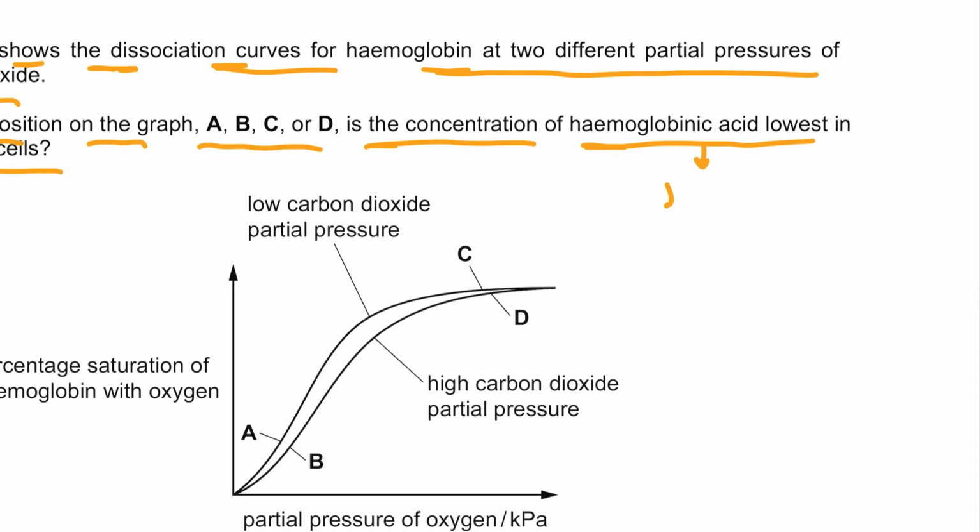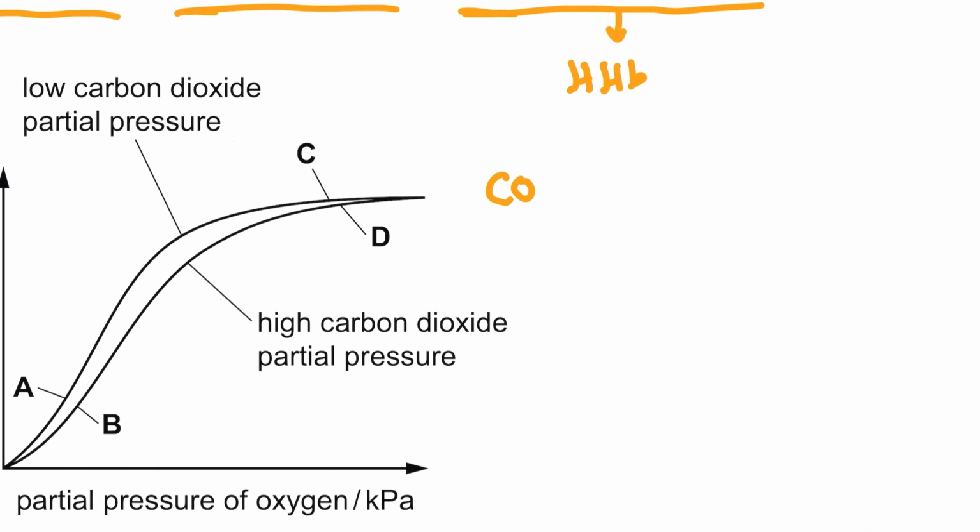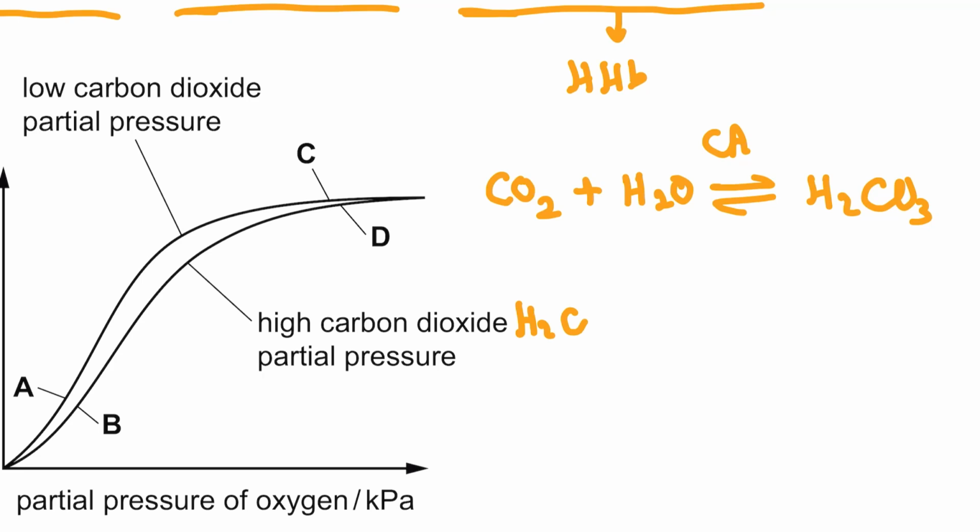Hemoglobinic acid is HHb. So if we recall the entire pathway for the formation of HHb, we can see that carbon dioxide combines with water to form carbonic acid. This reaction is catalyzed by which enzyme? Carbonic anhydrase. And then carbonic acid dissociates into hydrogen ions and hydrogen carbonate ions, right?